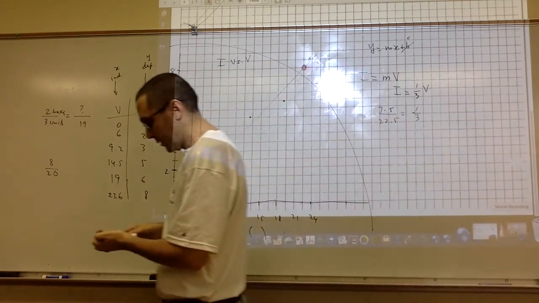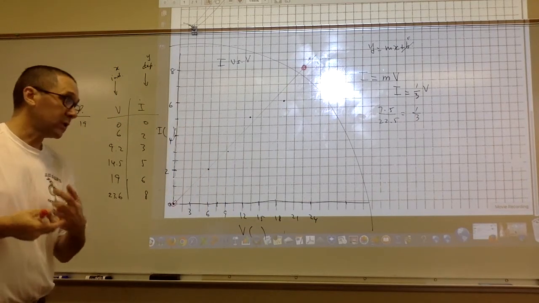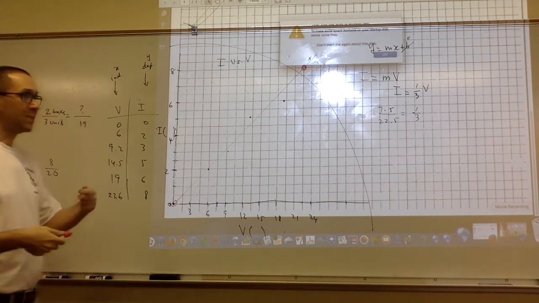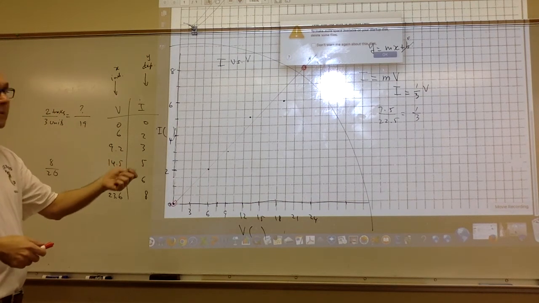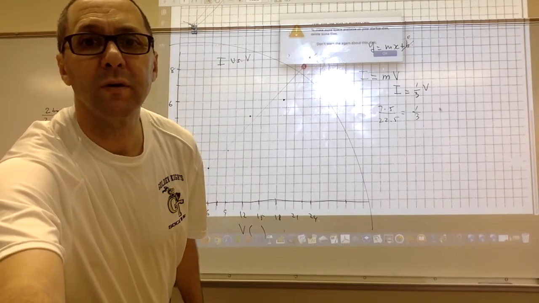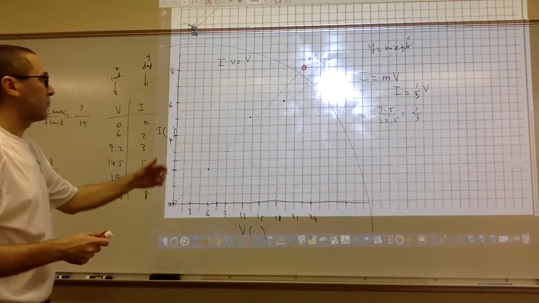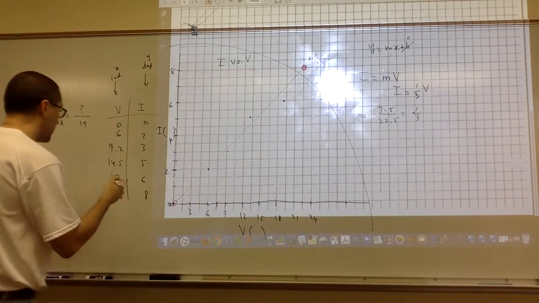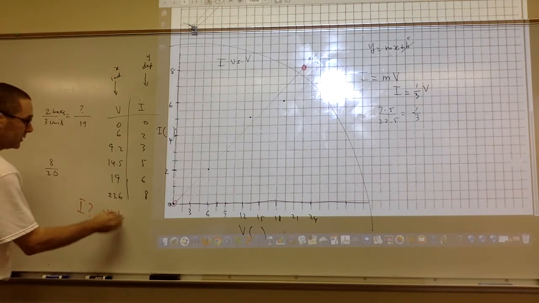Okay, now we're going to talk about interpolation and extrapolation. Interpolation means you need to find information from the graph from within the data that you have. Let's say the question is, find the I when V is equal to 10.